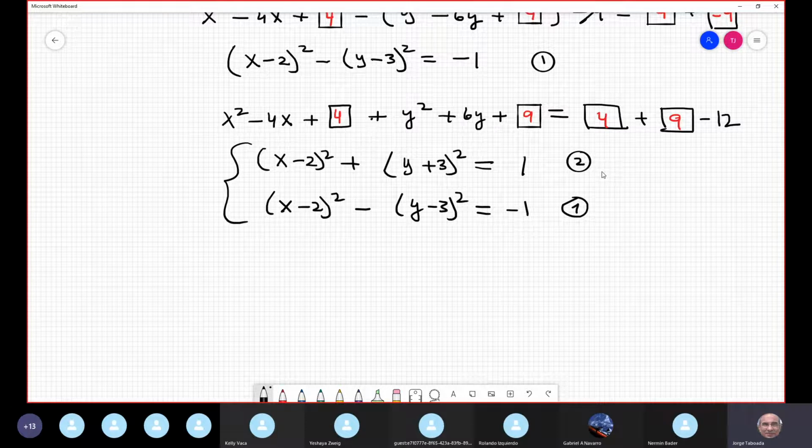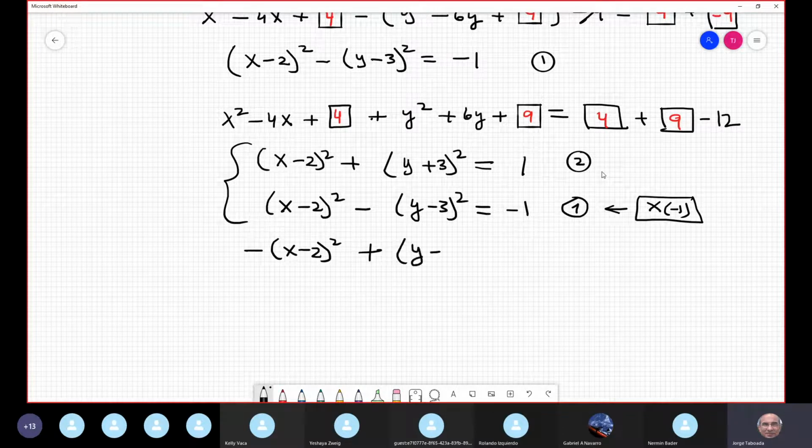So in this case I can see clearly, okay, this is ready for elimination, if you multiply this equation by negative 1, because I want to change the sign. It's minus x minus 2 squared plus y minus 3 squared equal positive 1. This is my new equation 1 now after the multiplication by negative 1.